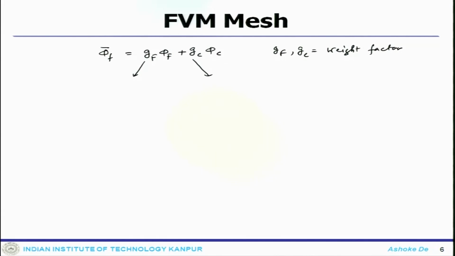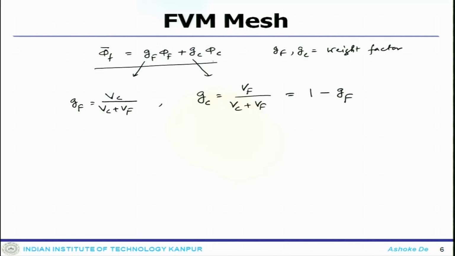One simple way to calculate that is that GF would be VC divided by VC plus VF, and GC is VF divided by VC plus VF, which is nothing but 1 minus GF. So, that kind of simple linearization rule can be applied to calculate the phi f.